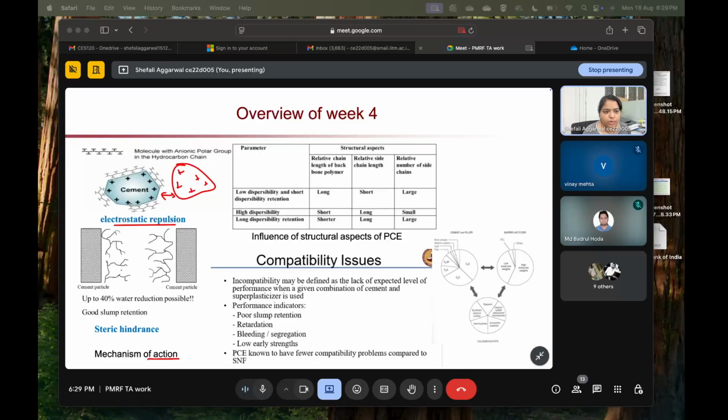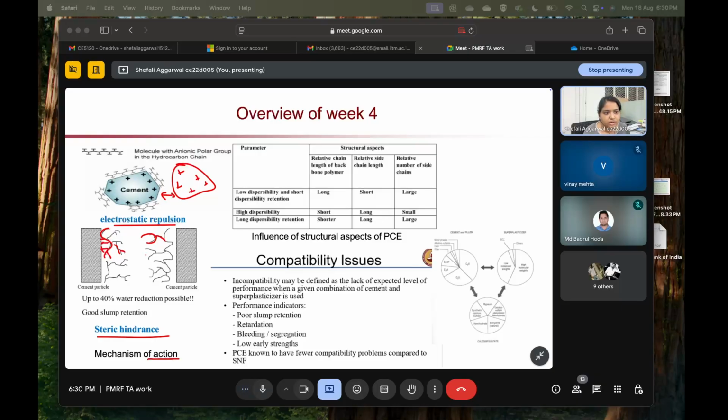But if we talk about PC based superplasticizer, polycarboxylic ether, in that case the main mechanism is steric hindrance. What we are saying is that your polymer is getting adsorbed onto the cement particle, and the long chain of your molecule is repelling the long chain of other molecules.